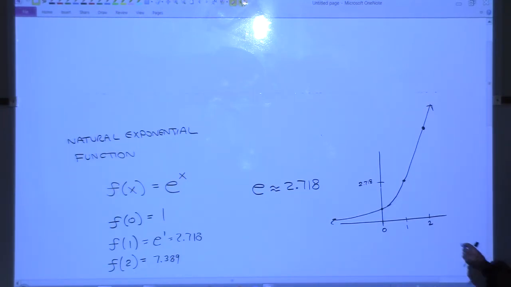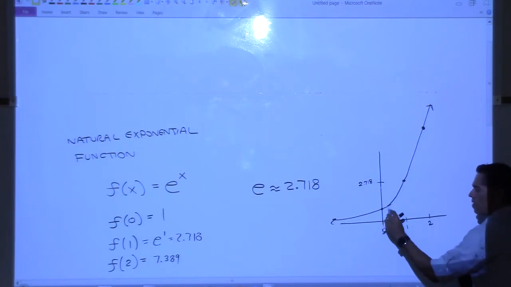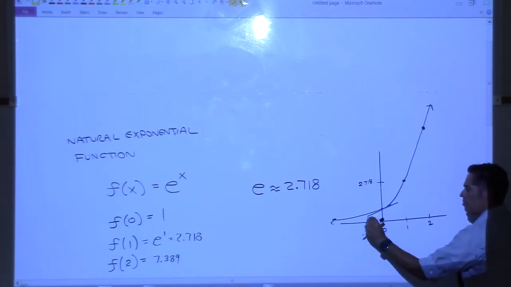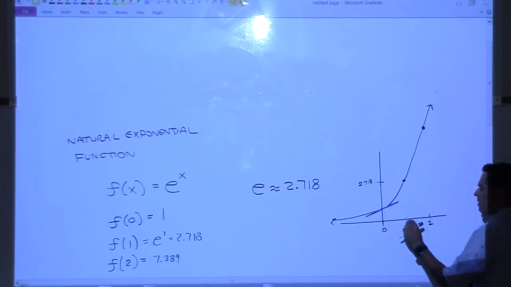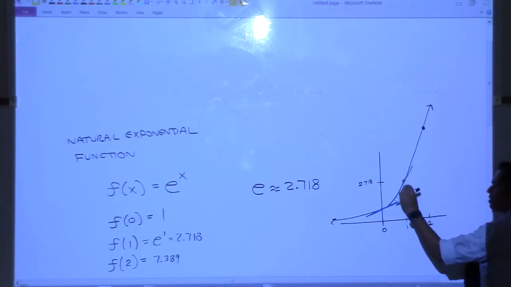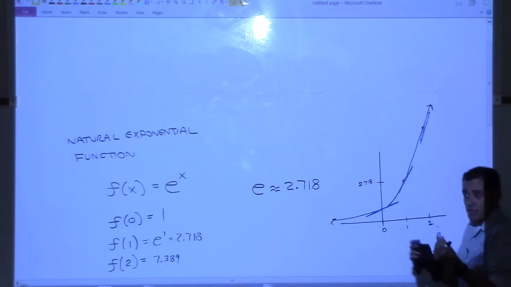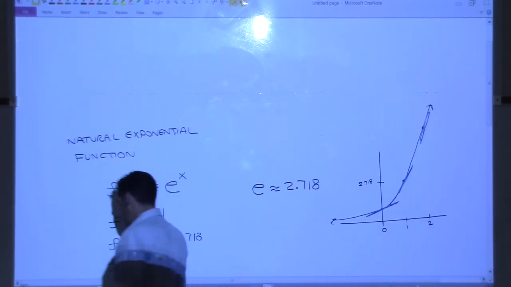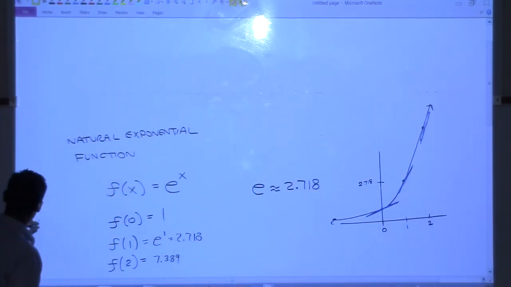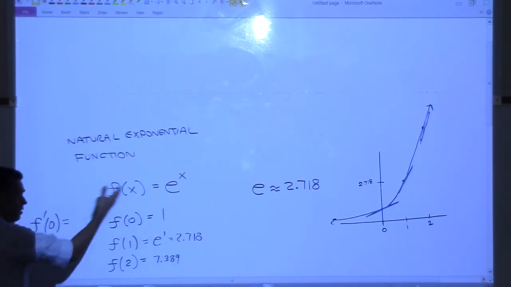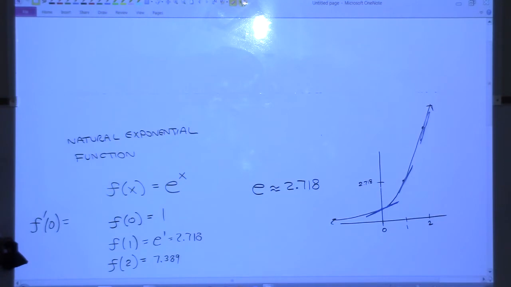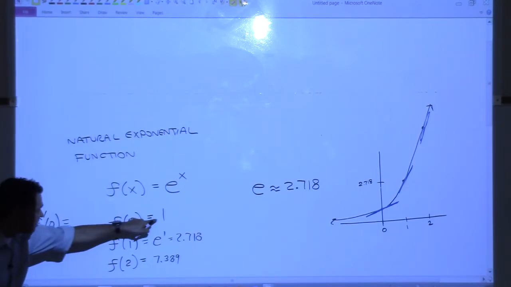We say, all right, let's say I wanted to go to 0 and I wanted to know the slope of the tangent line there, right? What is the slope of that tangent line at 0? What's the slope of that tangent line at 1? And what's the slope of that tangent line at 2, right? That's what I want to know today. So I'm asking, what is the derivative? What's the slope of this tangent line at 0, right? Well, guess what? It's that.